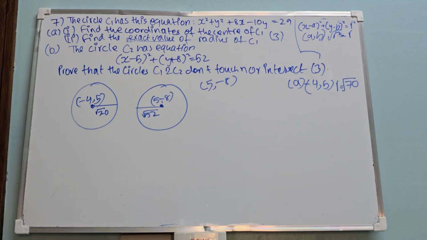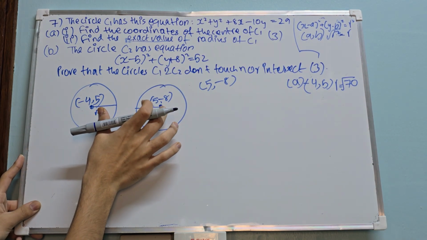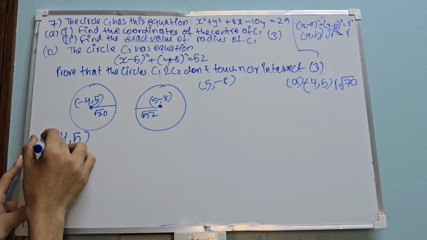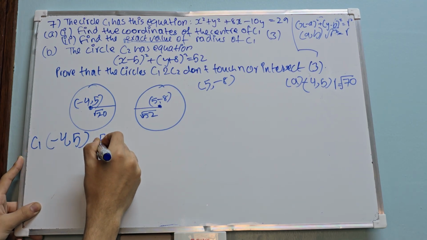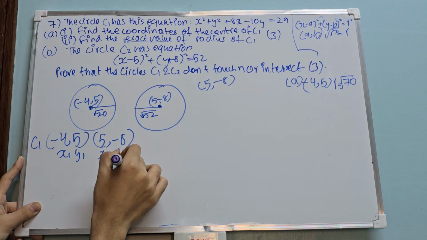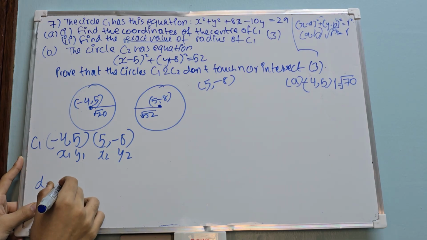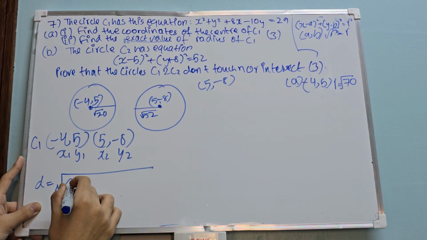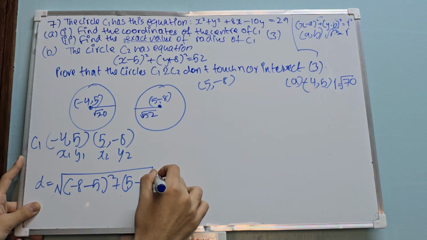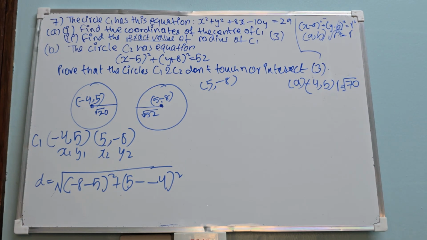Okay, so first we find the distance between the center of C1 and the center of C2. The distance is going to be the square root of (-8 minus 5) squared plus (5 minus -4) squared. Plug this into your calculator.